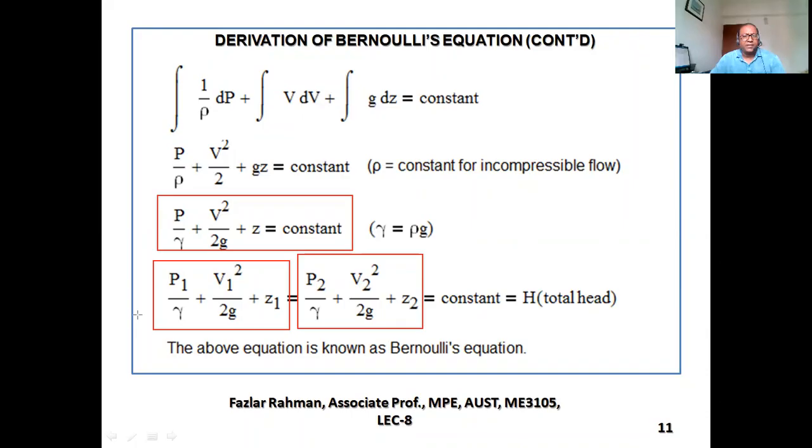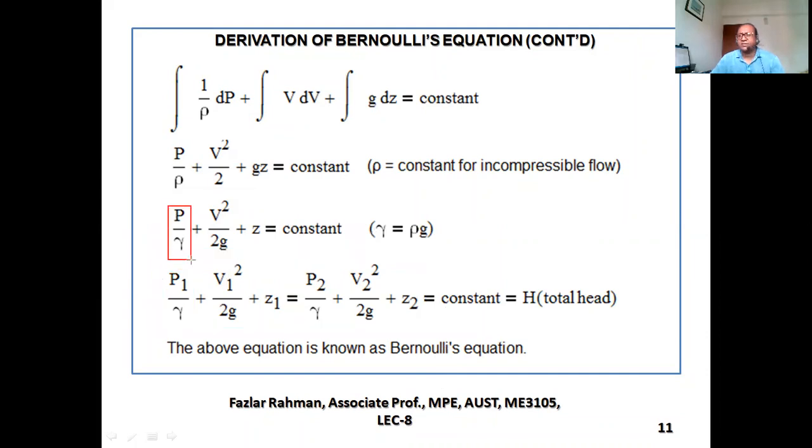The first term, P1 by gamma, is called pressure head or pressure energy. This one is called velocity head or kinetic energy. This one is called potential head. But the summation of these three will always be the same.